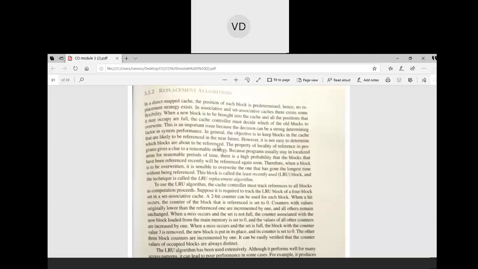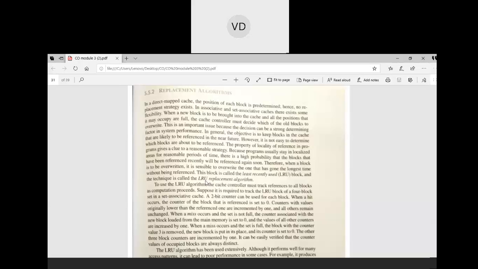Another method we are going to see here is the least recently used replacement algorithm. The name itself is telling. Now blocks 1, 2, 3, 4 are in your cache memory, but block number 1 is used more times.